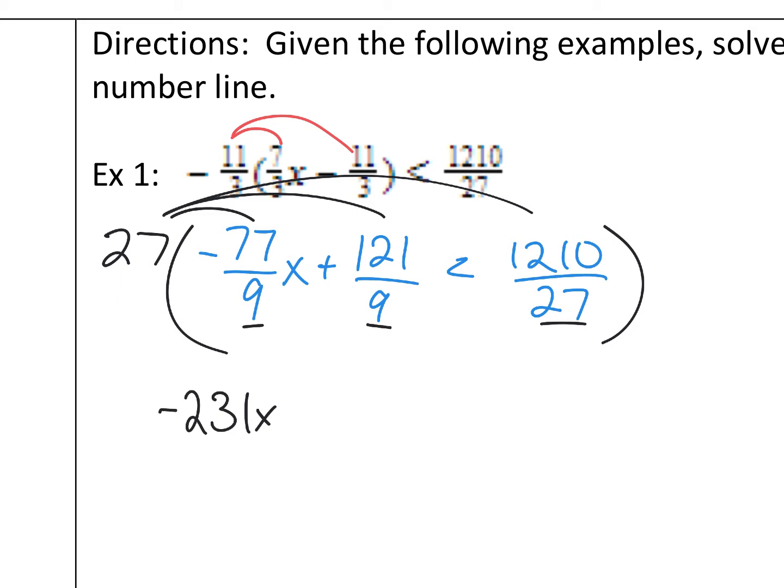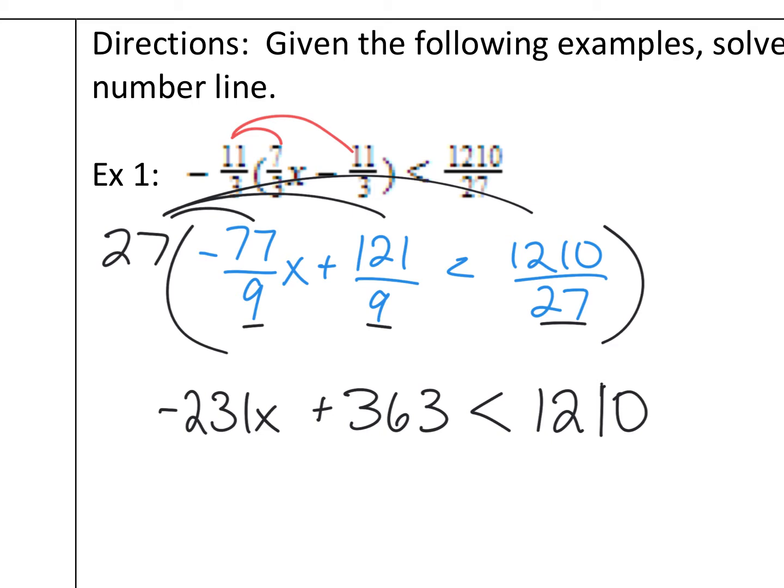Now keep going with it. Multiply by the second fraction. Plus 363, is less than 1,210.